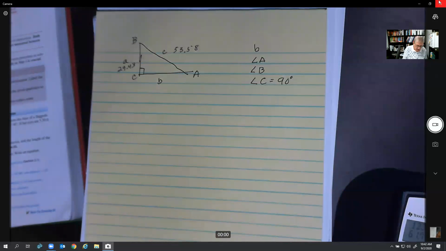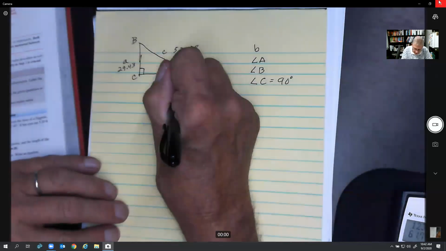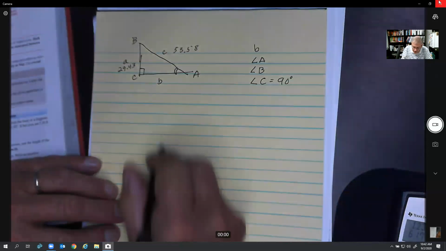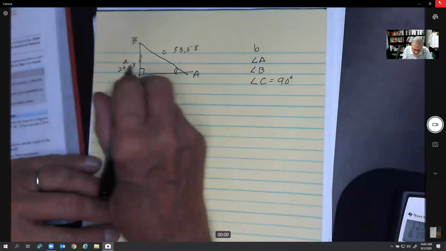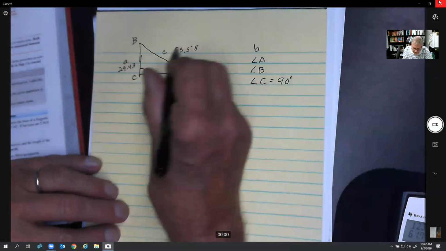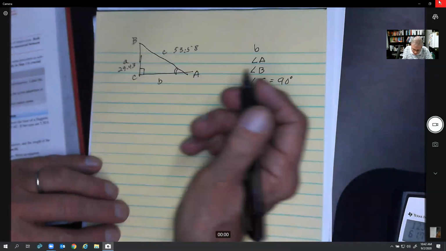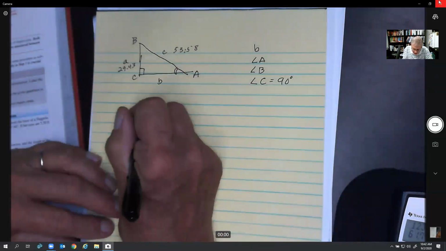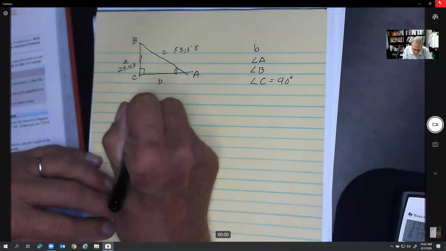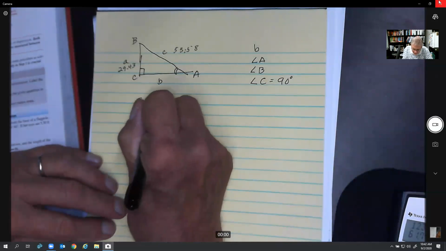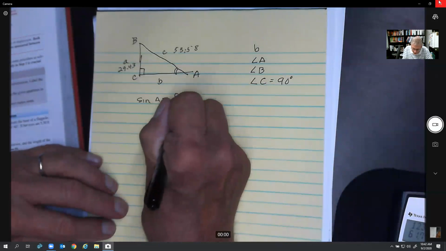So they started off by trying to find this angle right here. They realized that this is opposite and this is hypotenuse, so they're going to use the sine function. The sine of A equals the opposite over the hypotenuse.